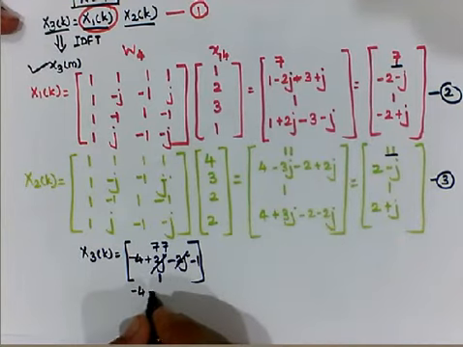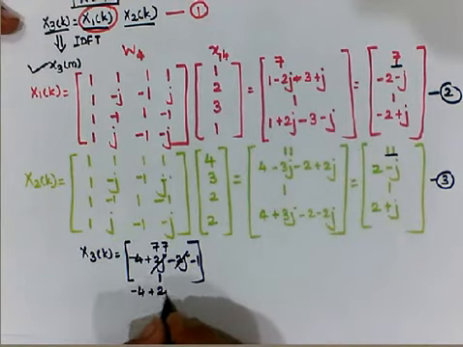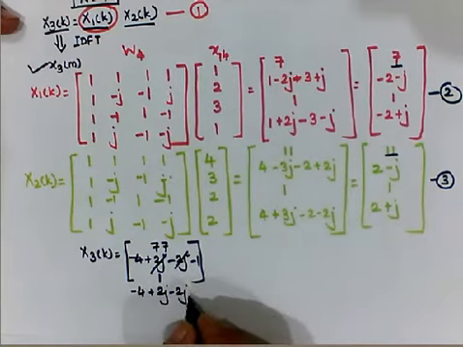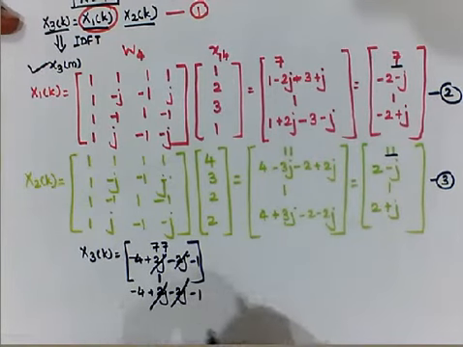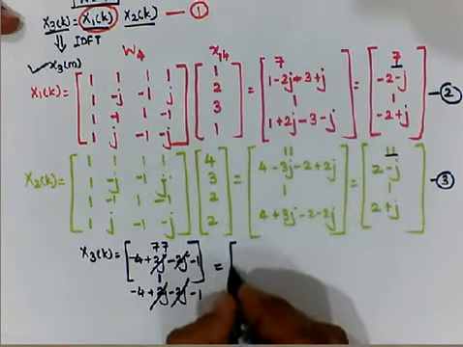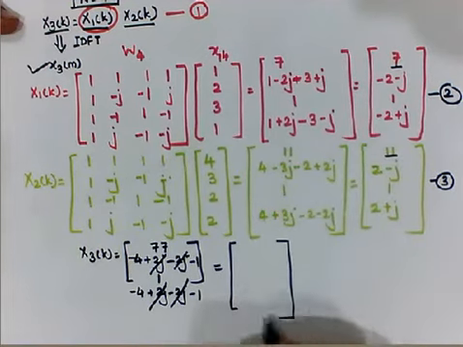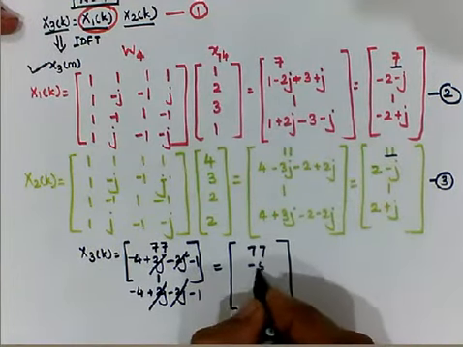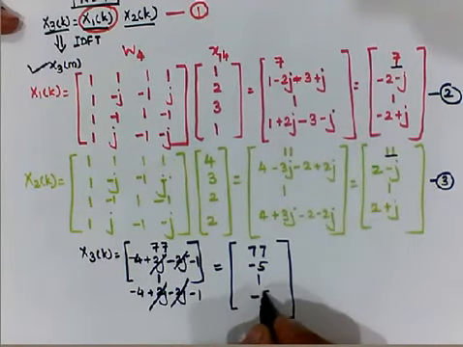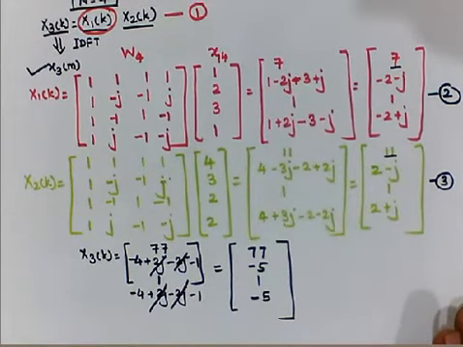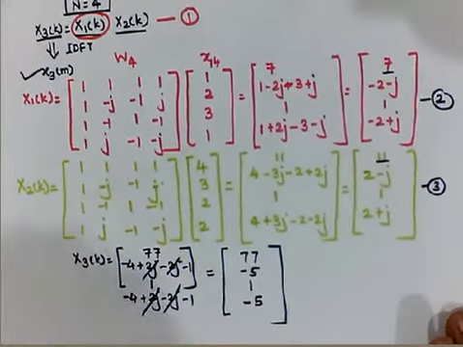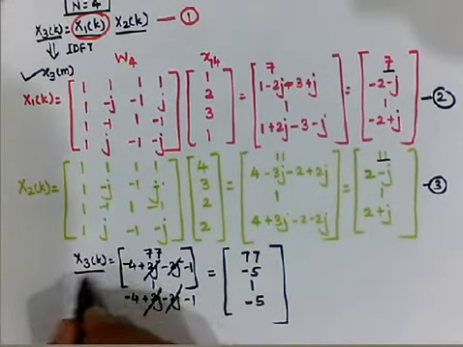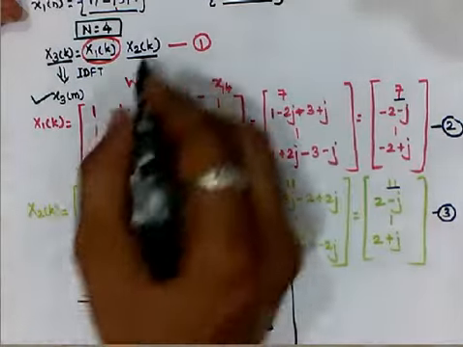Next it is minus 4 plus 2j minus 2j minus 1. So these two will be cancelled. So finally it is nothing but 77, minus 5, 1 and minus 5. So this is nothing but the x3 of k calculation. So we are only up to this equation number 1.